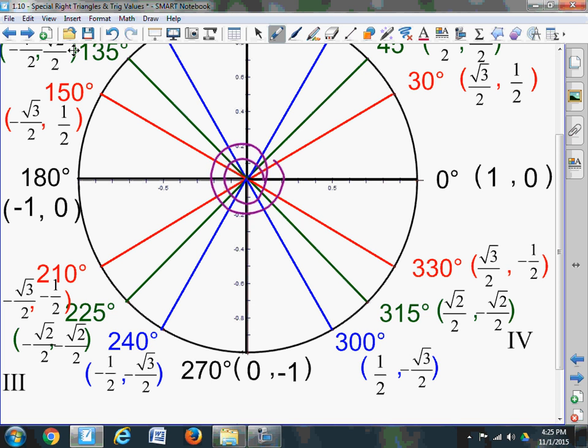Then I'd have 30 left over. So the terminal side, that ending side, is coterminal with 30 degrees. If I took away 360 twice, 750 degrees is the same thing as 30 degrees.